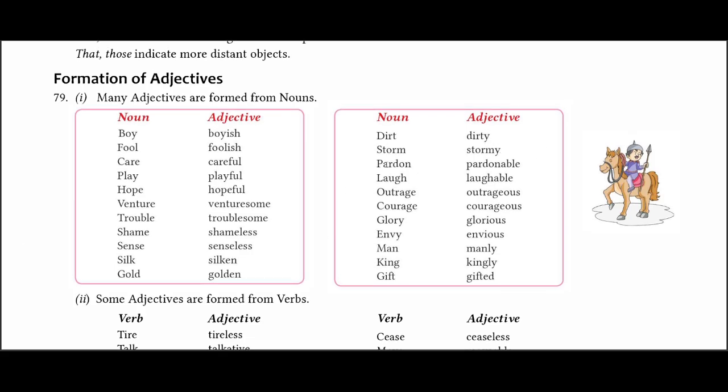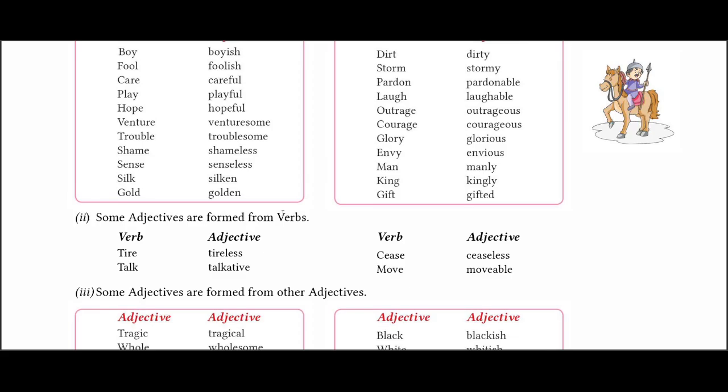Storm, stormy. Pardon, pardonable. Laugh, laughable. Outrage, outrageous. Courage, courageous. Glory, glorious. Envy, envious. Man, manly. King, kingly. Gift, gifted. These adjectives are formed from nouns.